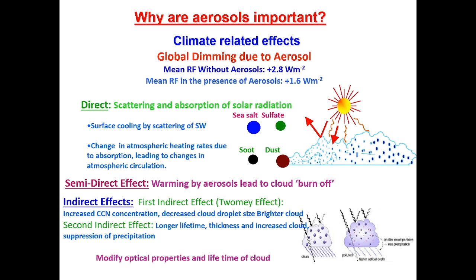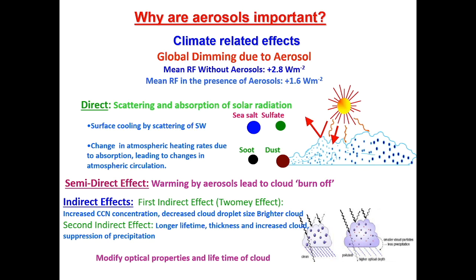So cloud condensation nuclei are an essential part of aerosols which are helpful in producing rain. Suppose there are no cloud condensation nuclei, then there will be no rain, because although there will be water vapor around, it cannot accumulate without some particle on which it can accumulate initially, and then grow in size by accumulating more water vapor, and finally it will become a drop and fall down as rain.